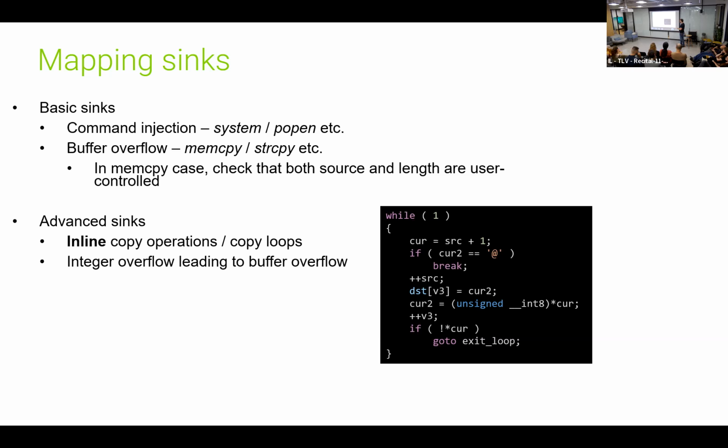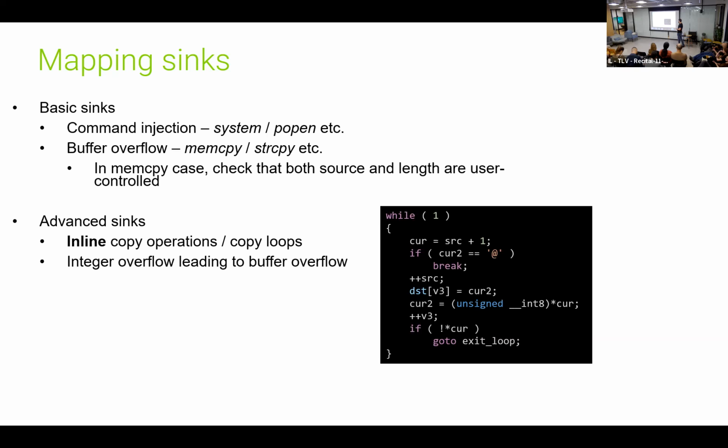For example, for command injection, like I said before, if arbitrary input is going into system or popen, it's bad. This is the dangerous function in this case. For buffer overflow, it's functions like memcpy or strcpy. If it gets unbounded input, then again, it's a big problem. So these are more basic things.